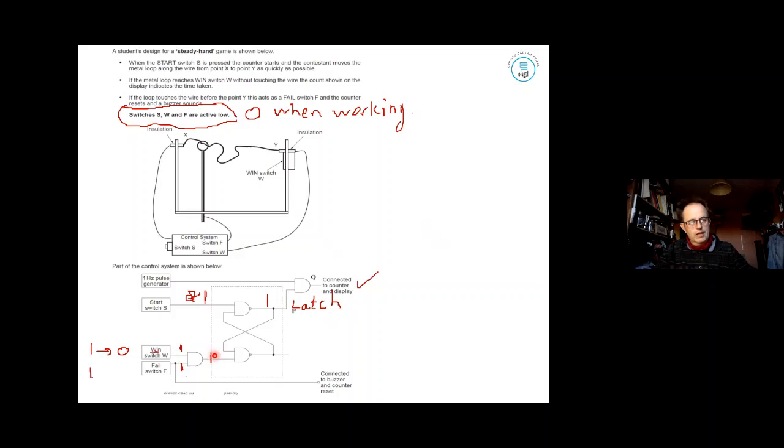So this is the reset line. But when a 1 goes to 0, because it was active low, you win. 1 goes to a 0, you fail. So that will change the logic. Once you get a 0 going into that gate, you get a 0, bang, there's a reset. So recognize that the bottom gate is the reset line, and the top one is your set.